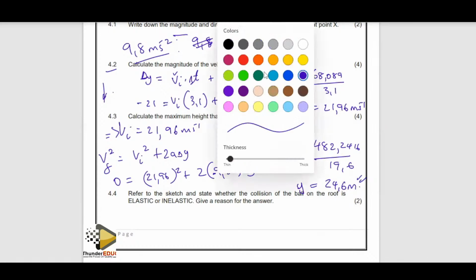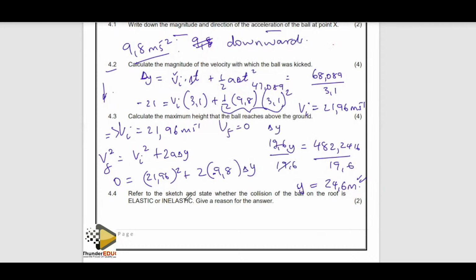And then 4.4 is referring to the sketch. Refer to the sketch and state whether the collision of the ball on the roof is elastic or inelastic. So since the ball reached the maximum height, it bounced off. Okay, wait a moment.